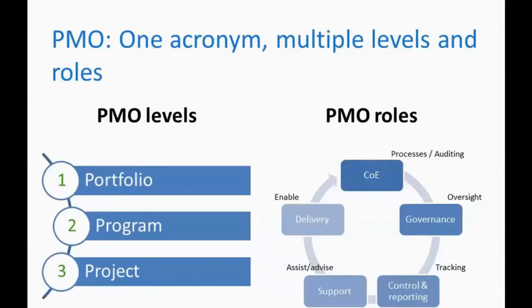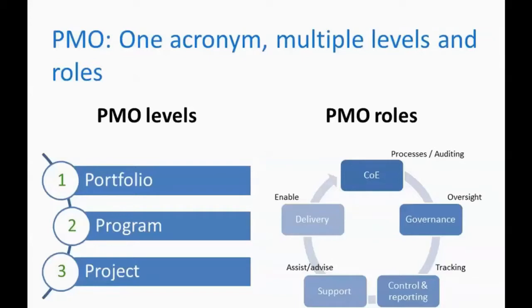Similarly, PMO normally operates taking on a combination of a few different roles as well. Some of the more common roles are the COE, which is pretty much the center of excellence, where the PMO is responsible for establishing standards and disseminating best practice alongside auditing processes.